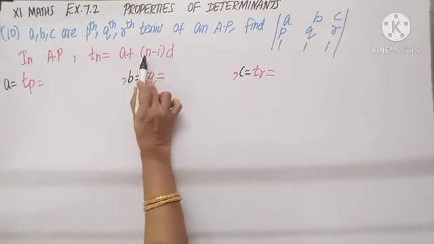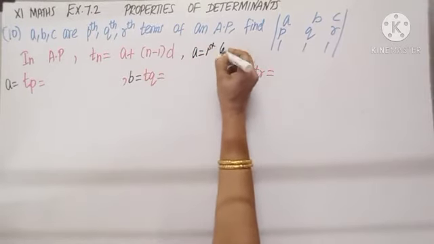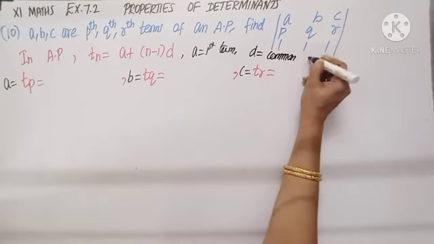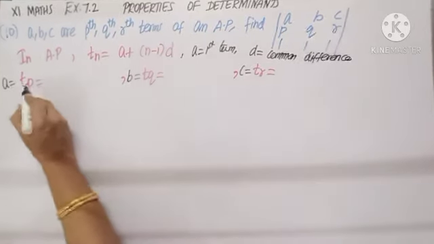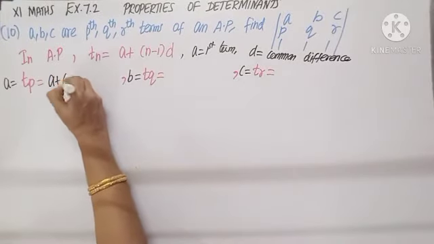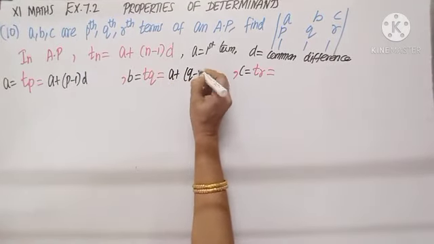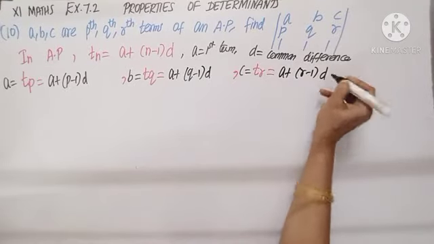A plus n minus 1 into d, where a is the first term and d is the common difference. As I substitute this formula for p, it is a plus p minus 1 into d. Here a plus q minus 1 into d. Here a plus r minus 1 into d.